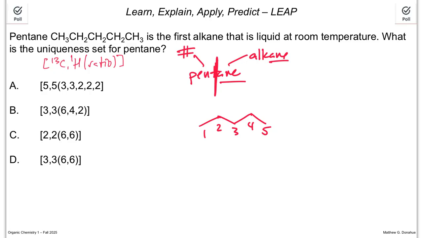So what do you think pentane should be? I heard some C's. What do you think it is? I heard some B's.